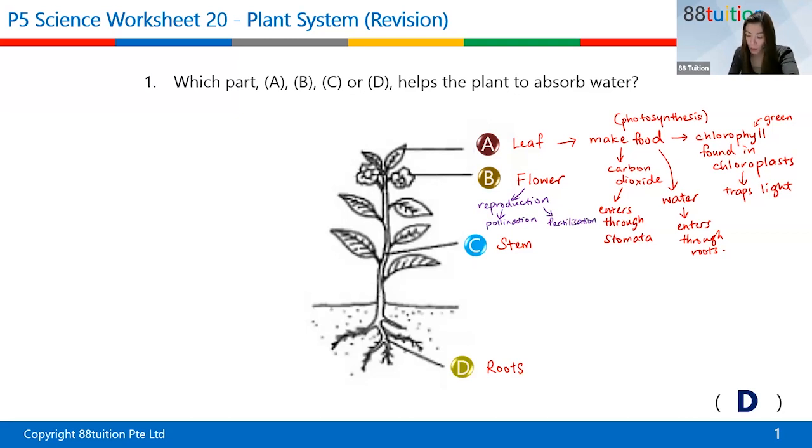So I'm not going to go through the whole structure of the flower, but do you still remember? How many of you still remember parts of a flower? You do? Okay, Giselle, come. Giselle, put it inside the chat. Parts of a flower. Then let me see whether you're correct. Try.